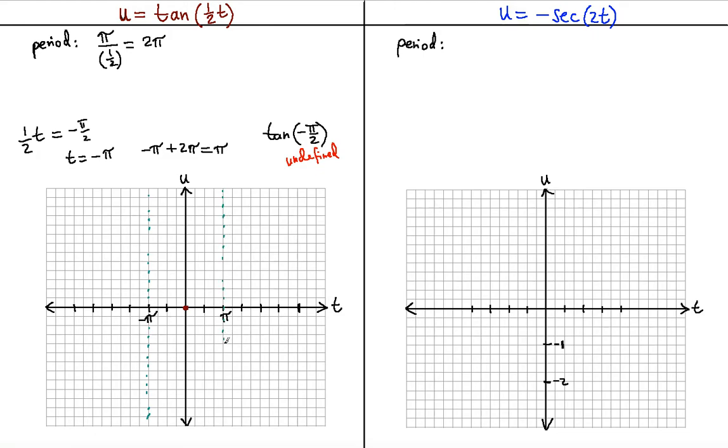So as you might have guessed, graphically, you don't even have to do algebraic work anymore, because you know that the absolute value distance between the asymptotes is 2 pi. You just add that to the next asymptote value, and then you get the one after that. So pi plus 2 pi is 3 pi. So we know this is going to be the next asymptotic line for this particular tangent function, and we can mark it as 3 pi.